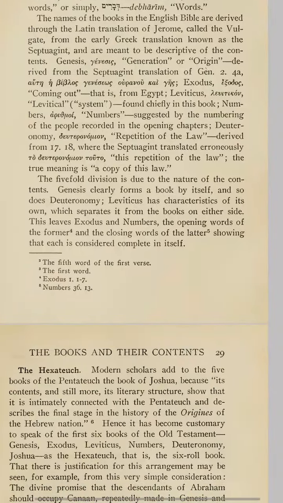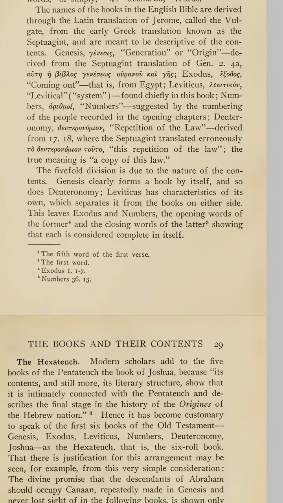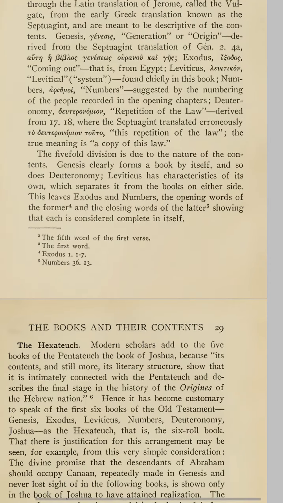The names of the books in the English Bible are derived through the Latin translation of Jerome called the Vulgate from the early Greek translation known as the Septuagint, and are meant to be descriptive of the contents. Genesis, generation or origin, derived from the Septuagint translation of Genesis 2:4a. Exodus, coming out, that is from Egypt.